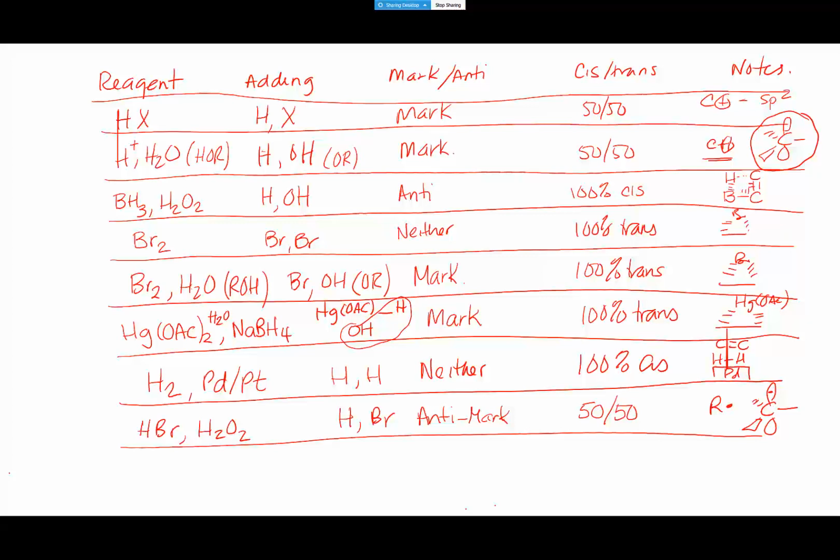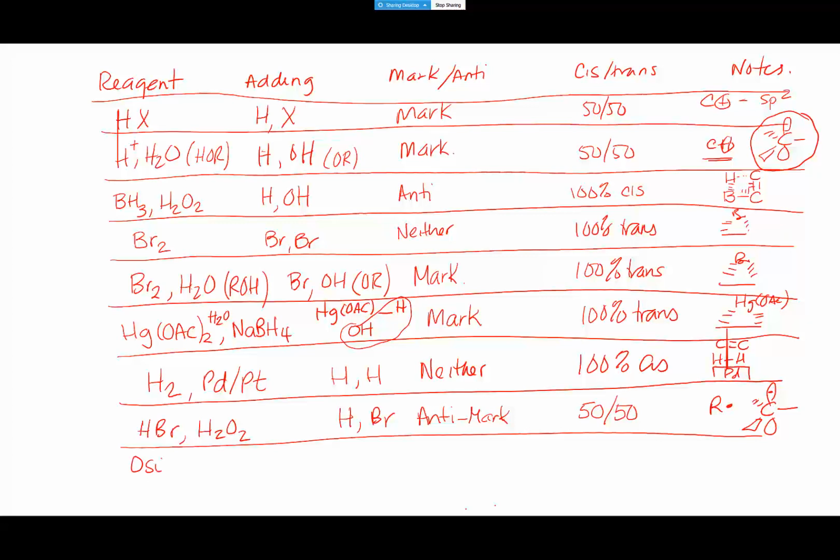And then the final addition from today is syn, what they call syn hydroxylation or syn dihydroxylation. I sometimes will call this cis hydroxylation. And there's two reagents we can use with this.